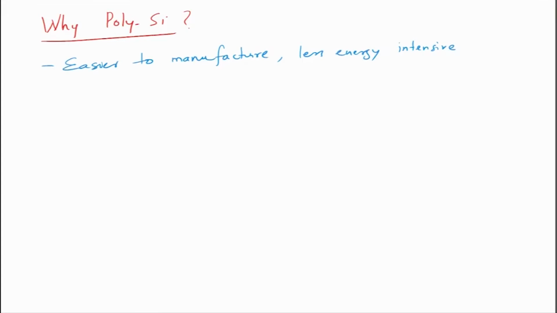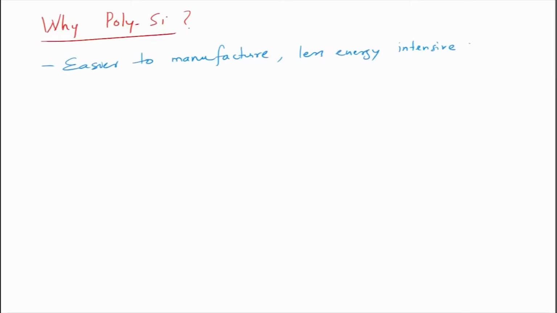As a result, energy cost is very high in monosilicon, and these are low energy intensive processes. Okay. And then the compositional control is less stringent.